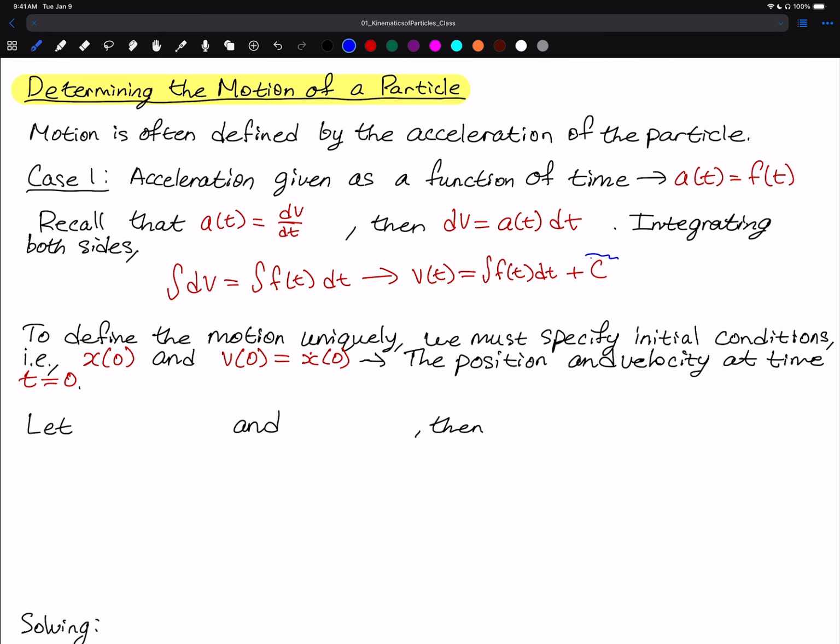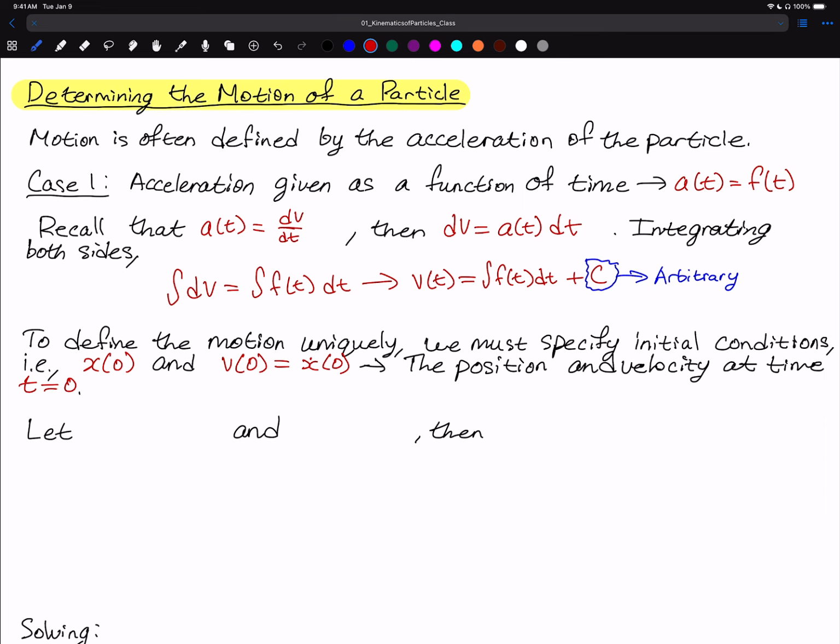And this constant here is arbitrary. It's just an arbitrary constant at this point, meaning it could be anything we want, which also means that the motion is not unique. We have an infinite number of possible motions.